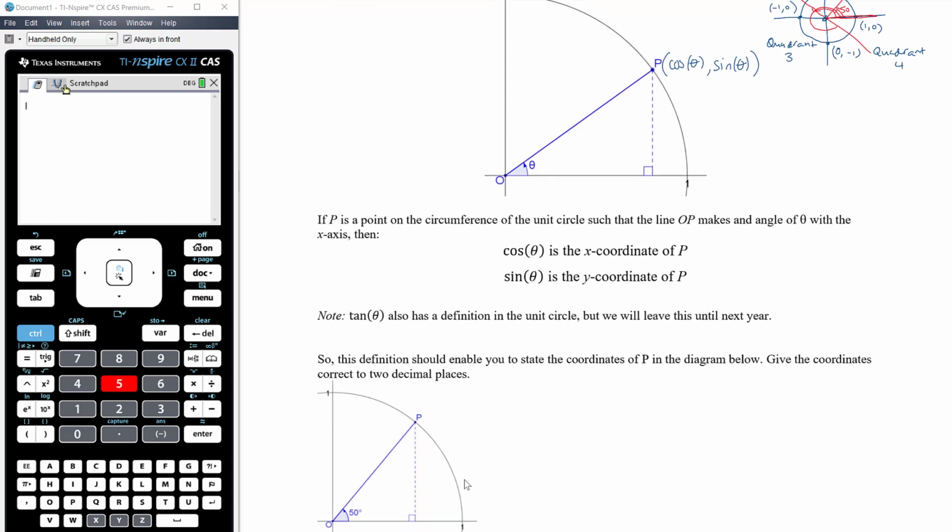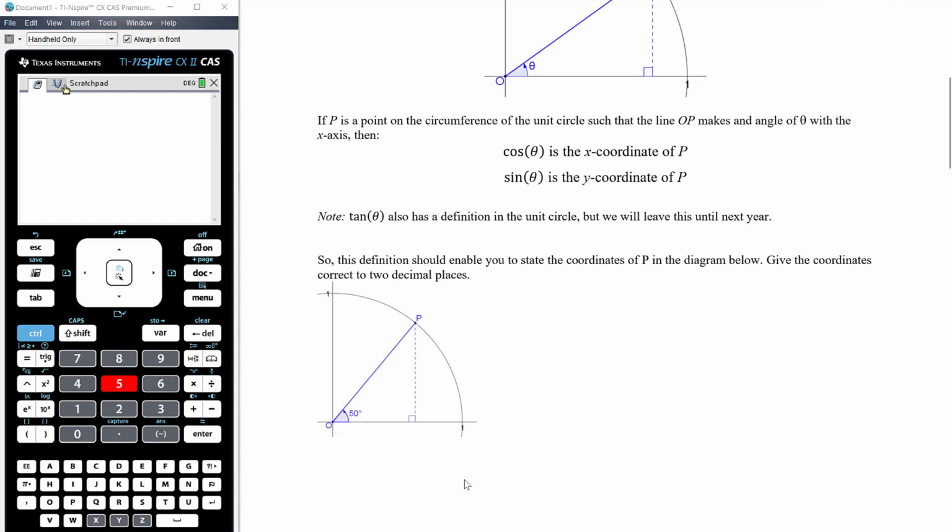Okay, so this definition should enable us to state the coordinates of the point P in the diagram below. Here point P is now at an angle of 50 degrees. So I know that the x-coordinate of this point should be the cosine of that angle, cos of 50 degrees, and the y-coordinate of that point should be the sine of that angle.